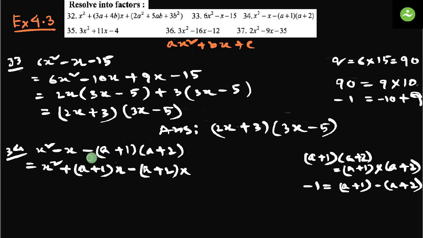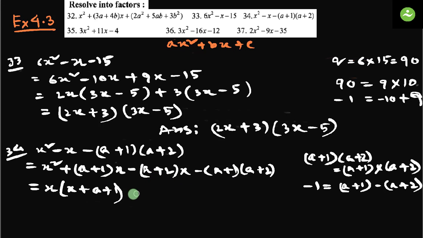Then minus (a plus 1) into (a plus 2), as before. Equals, now what we can take common, x into x plus (a plus 1), and from these two what we can take common, a plus 2.